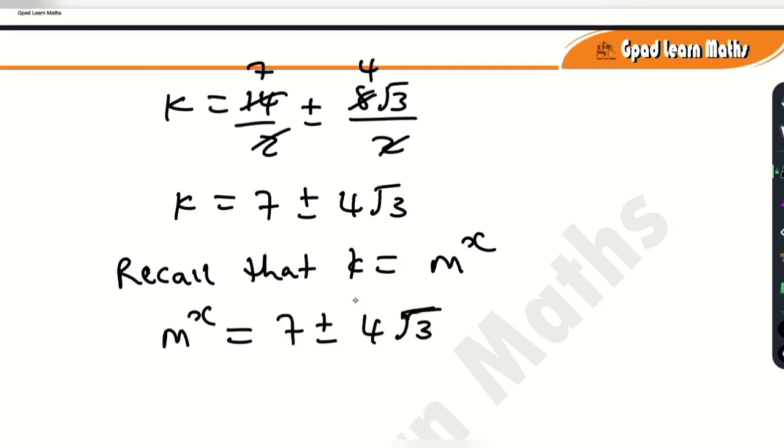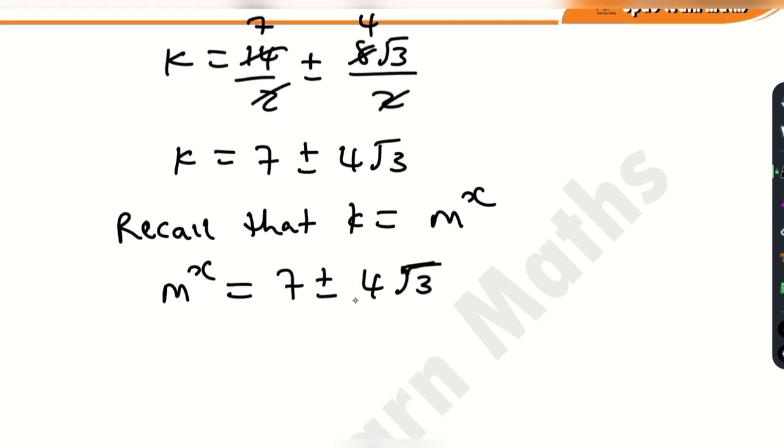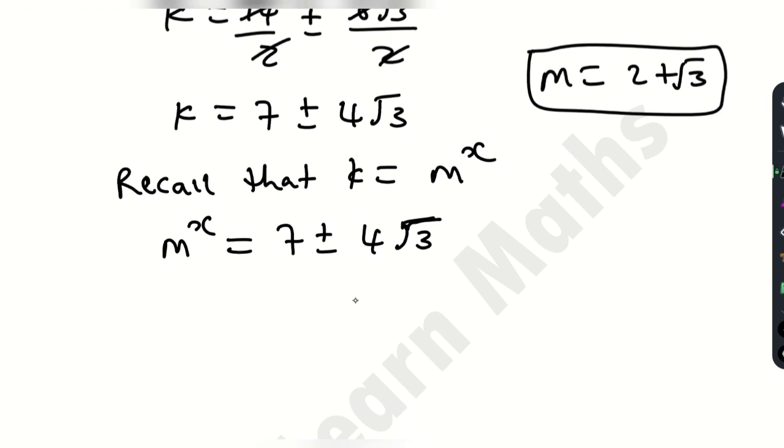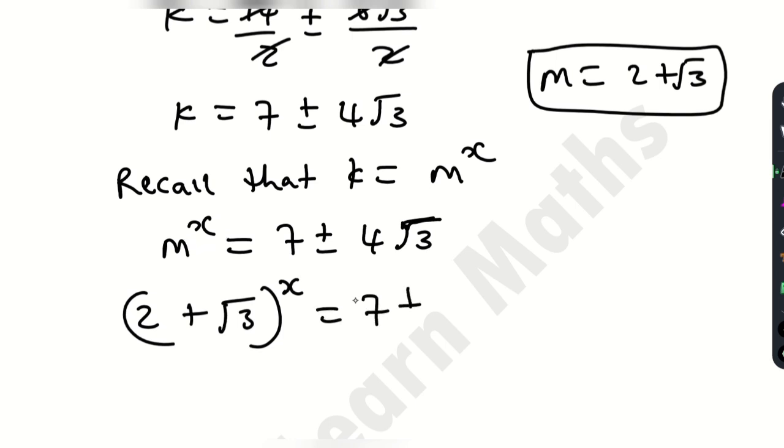But we also know that m is equal to 2 plus root 3. So I'm going to bring back this here. I'm going to write 2 plus root 3, all raised to the power of x from here now, and this is equal to 7 plus or minus 4 root 3.